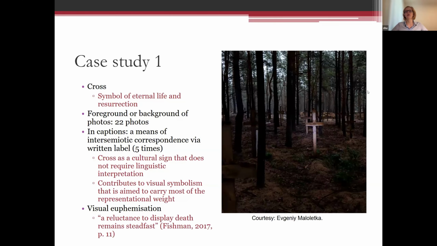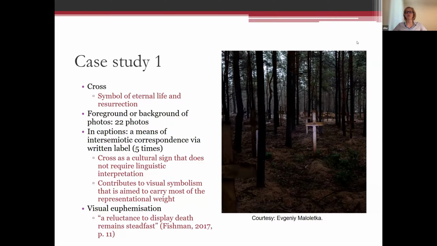A striking visual feature in the majority of these articles were the photographs of crosses that were added to the articles reporting on the mass burial. The cross was captured as a symbol of eternal life and resurrection, typical for Ukrainian rites of passage, funerals, but also in Christian beliefs.